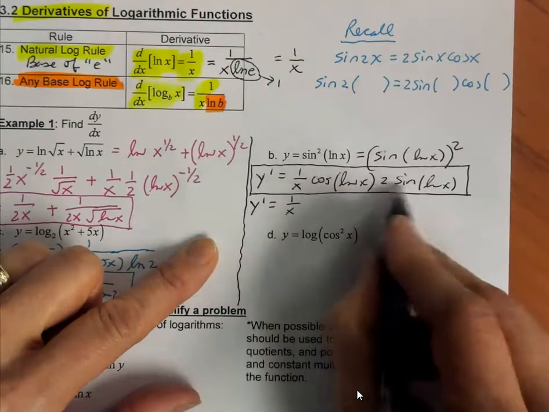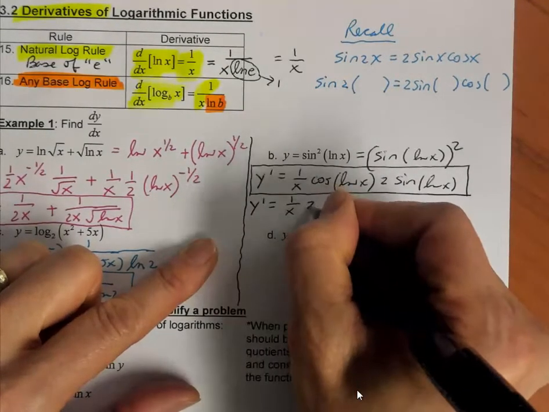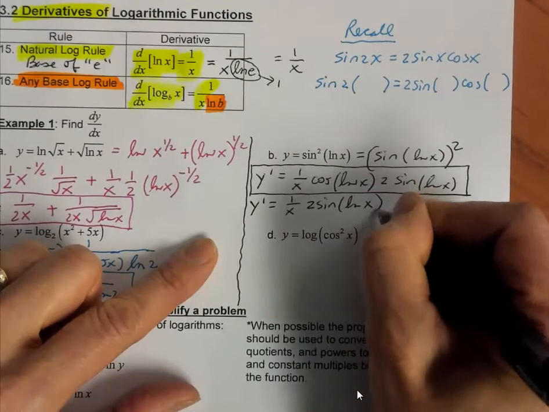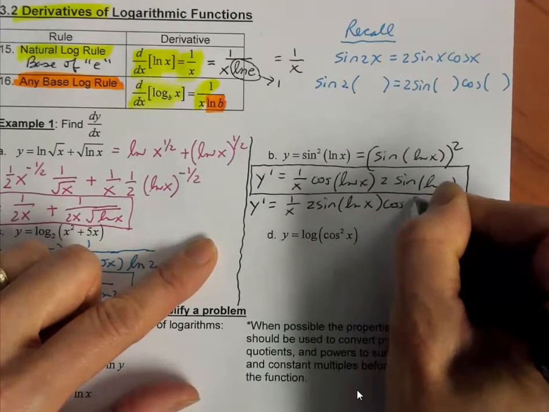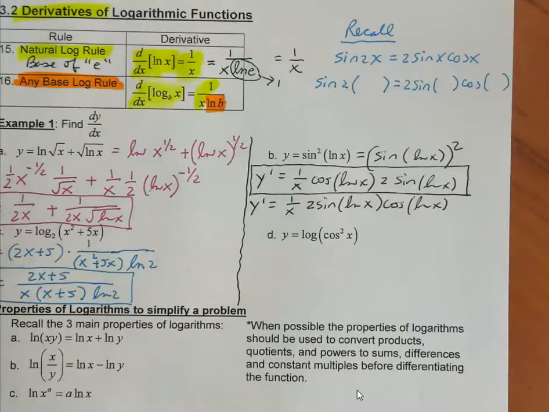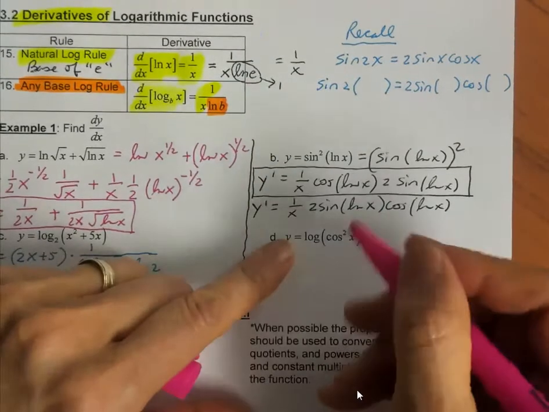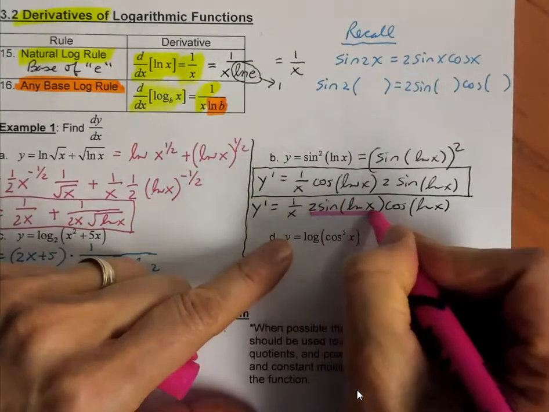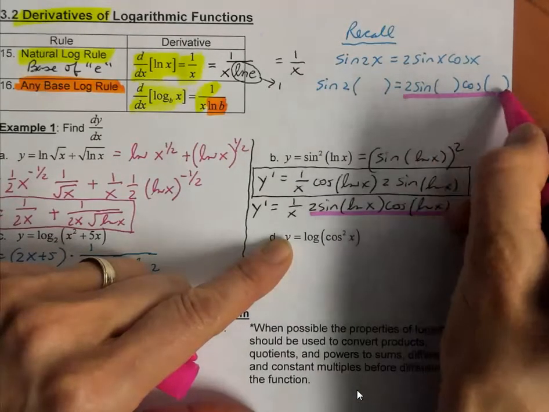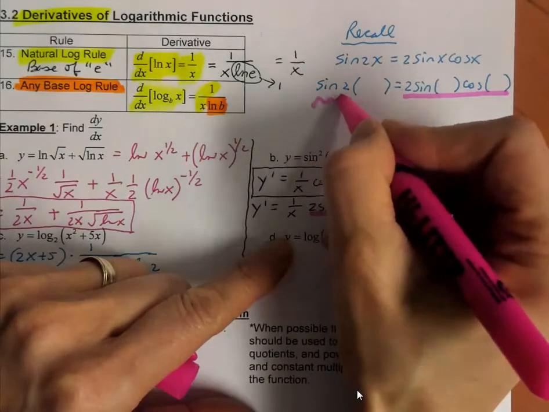I'm just going to rearrange this. All right, so this will be 2 sine of the natural log of x times cosine of the natural log of x. And you can see here that this is pretty much this, which will eventually equal this.